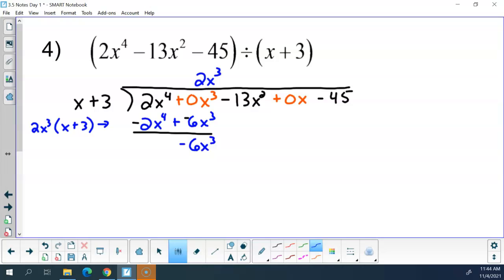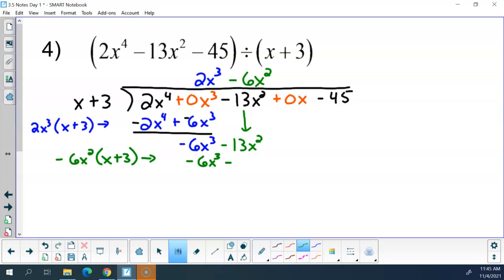Then what? Pull down the negative 13x squared. Now I need x to be negative 6x cubed: negative 6x squared. Negative 6x cubed minus 18x squared. Change the signs.